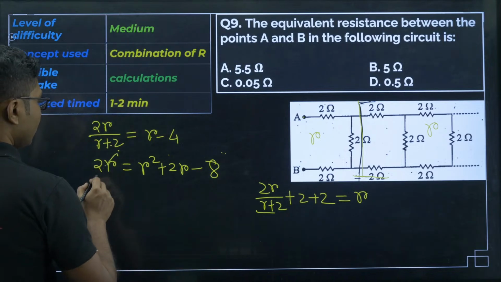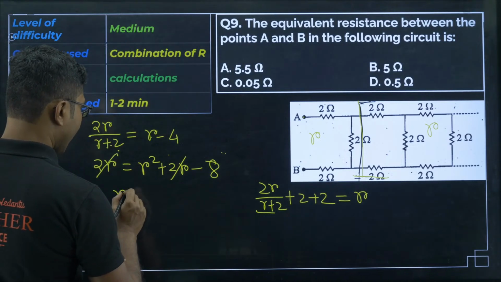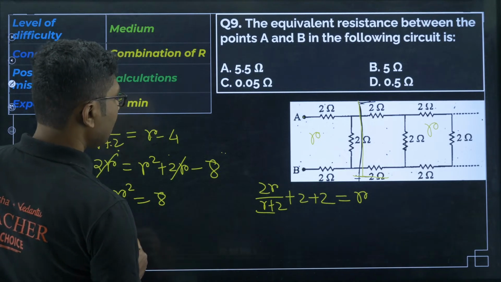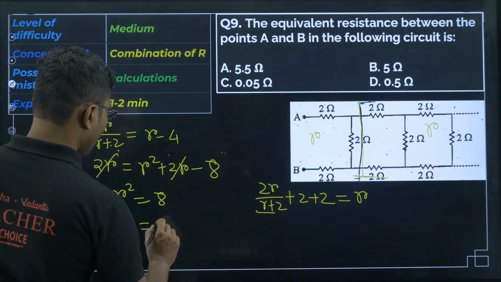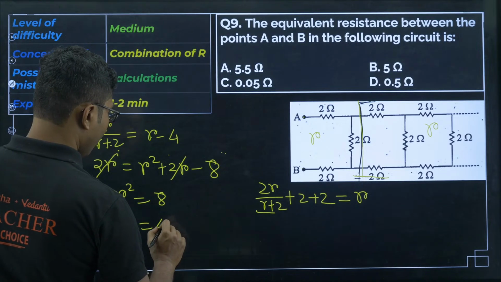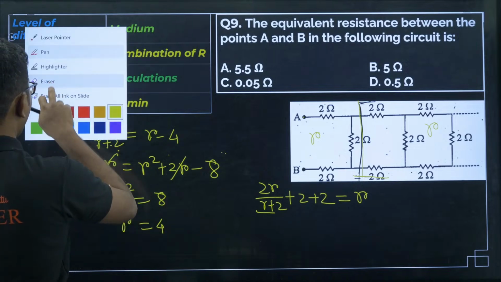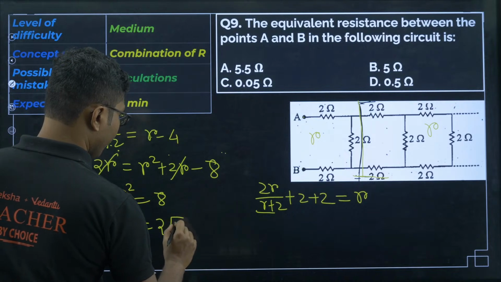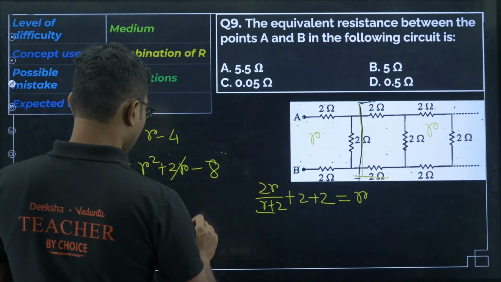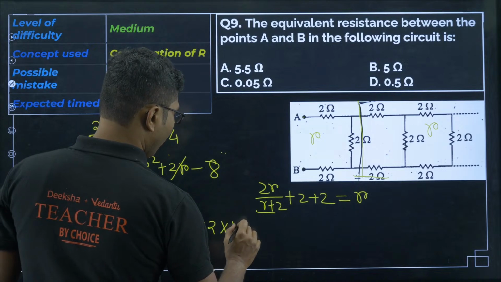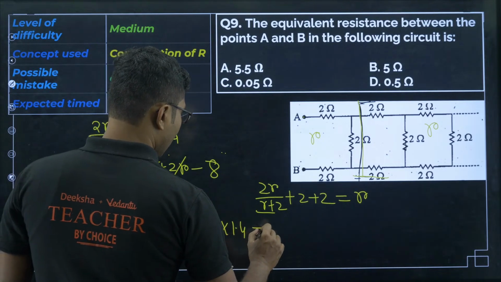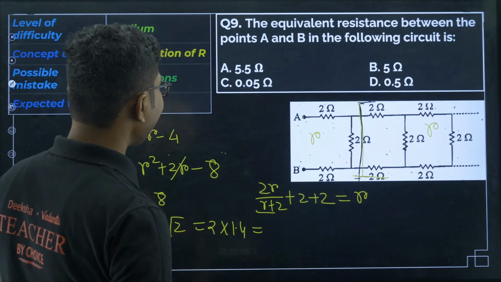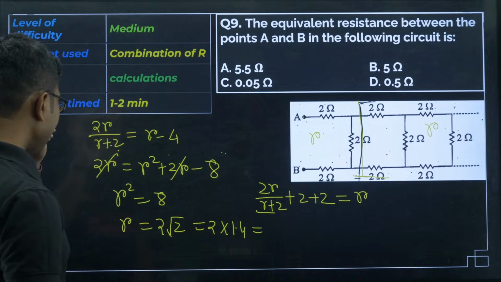Okay, so this 2r cancels, so r square is equal to 8, or r equals 2 root 2. It will be 2 root 2. Okay, so it will be 2 into 1.4, that is 2.8. Have I made some mistake?